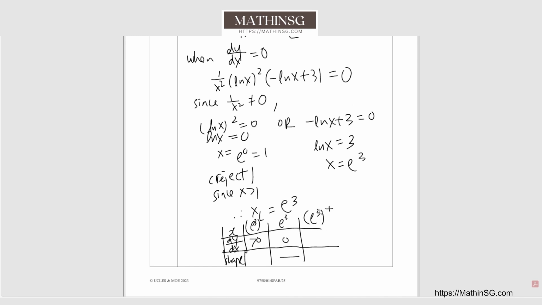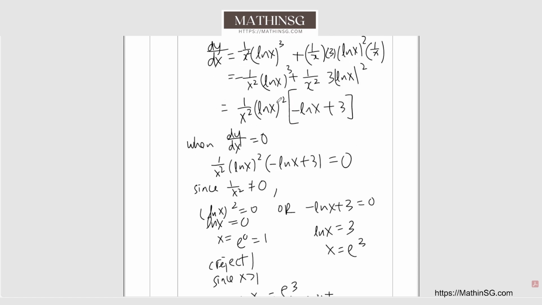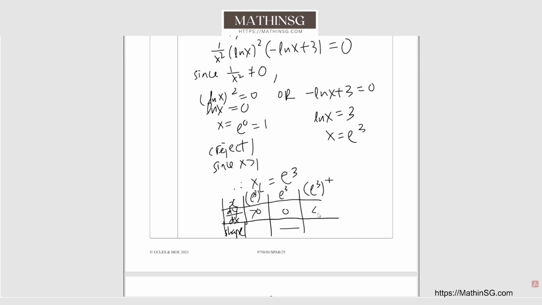And if you set a value slightly more than e cubed into dy/dx, you will get a negative value. If you look at this shape here, it's a maximum point. So therefore, the nature is a maximum point.